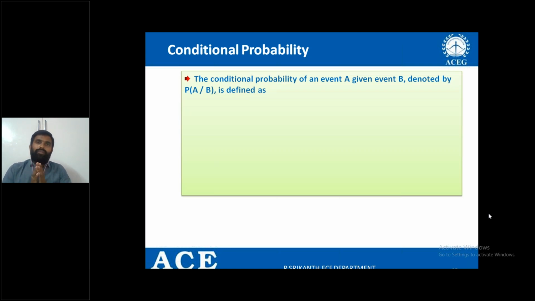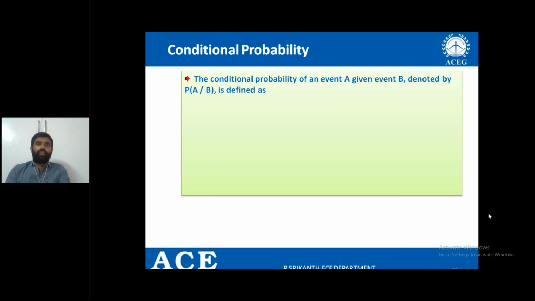A simple example here. A student coming to the class is depending on the bus coming to the college. So the probability of the student coming to the college is depending on the probability of the bus coming to the college.